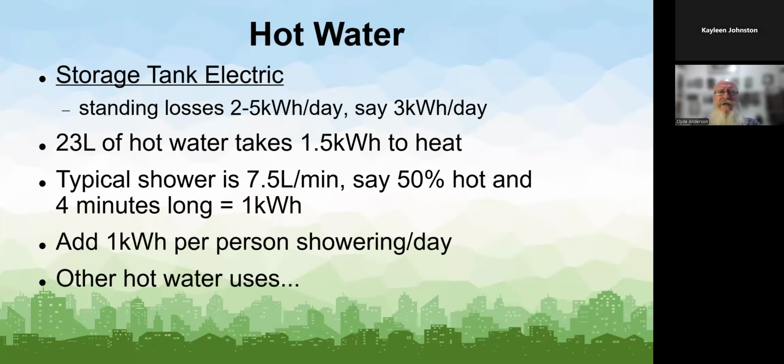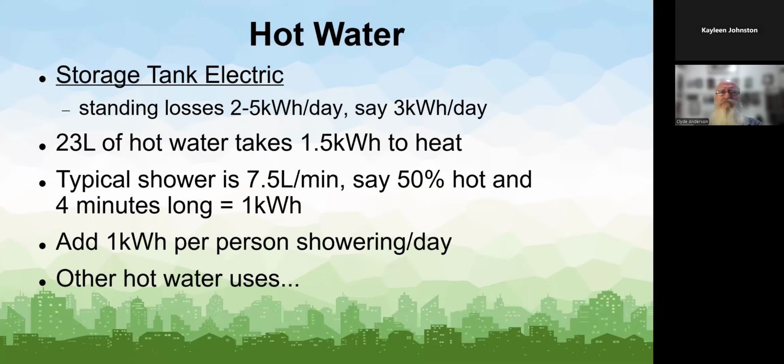So a standing loss is something between 2 and 5 kilowatt hours a day. 2 kilowatt hours a day would be for a well-insulated tank that's inside a cupboard, locked away, and it never gets to see the outside air. 5 kilowatt hours a day would be for a tank that's out in the wind and blowing around in the breeze and in a cold part of the yard or beside the house.